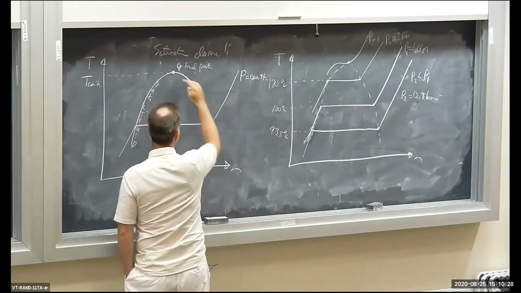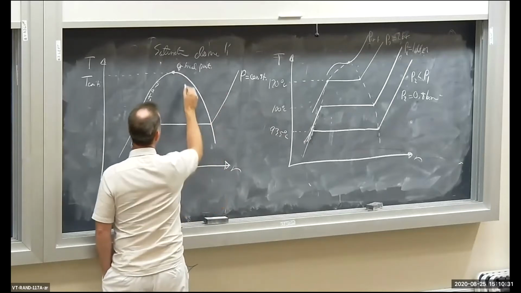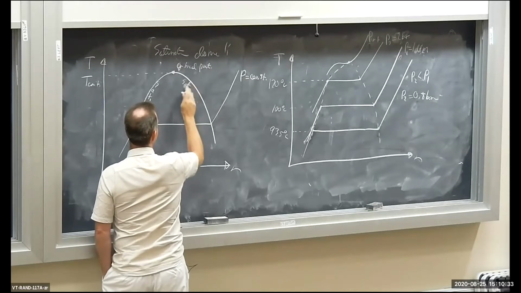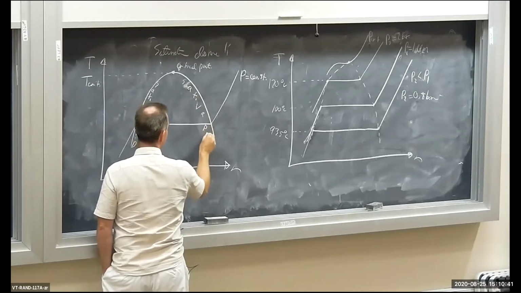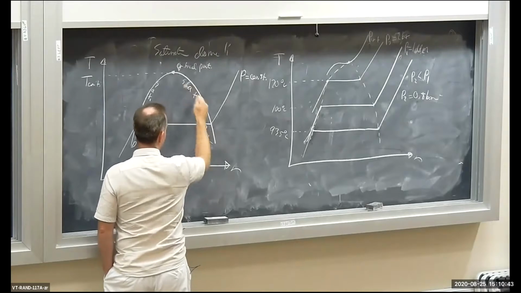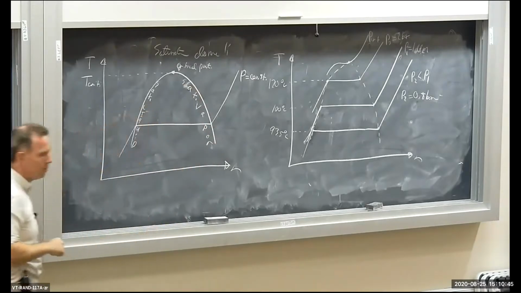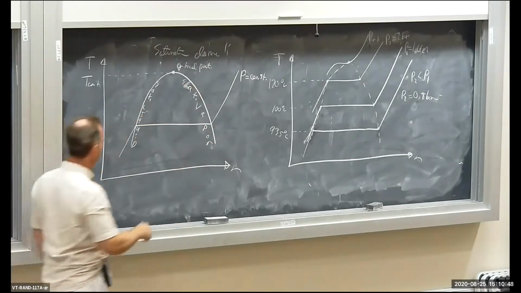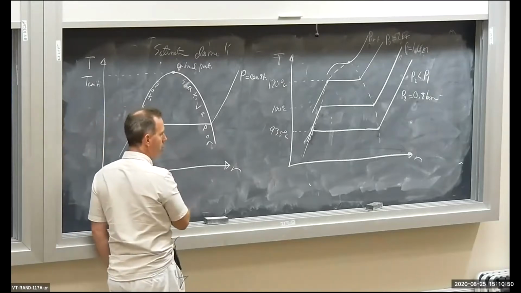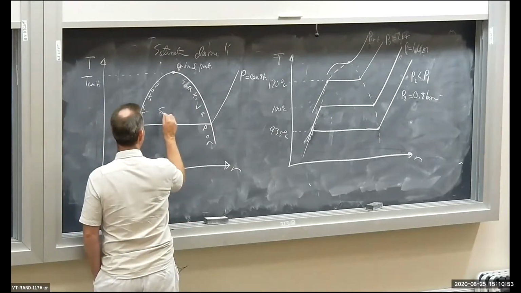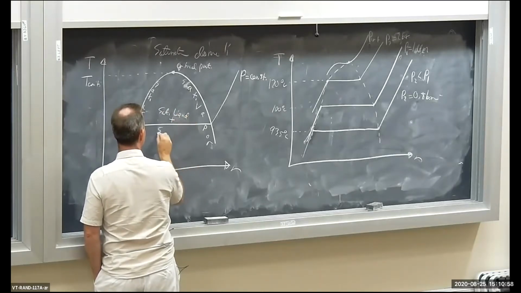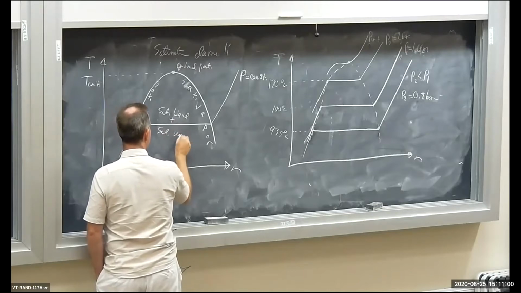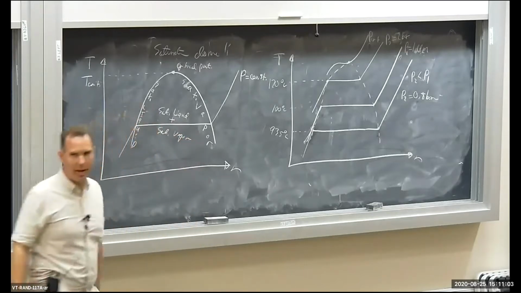On the right-hand side of the surface of the dome, we have saturated vapor. In the middle, we have a mixture of the two. Inside, we have saturated liquid plus saturated vapor.